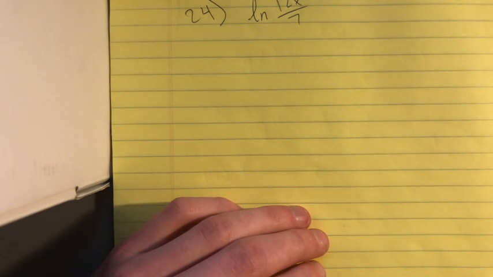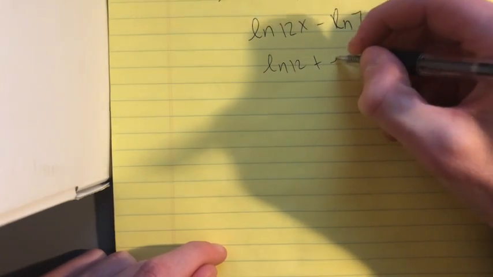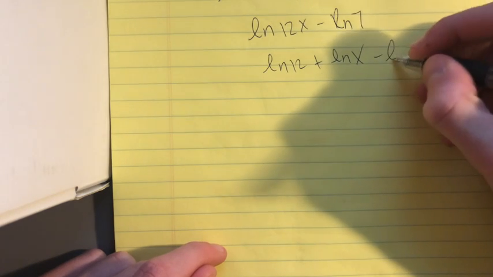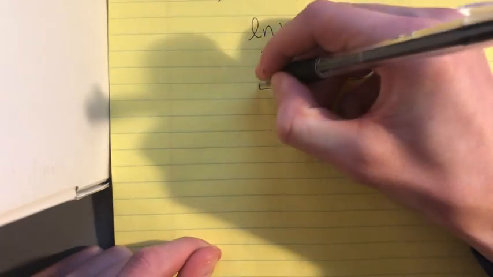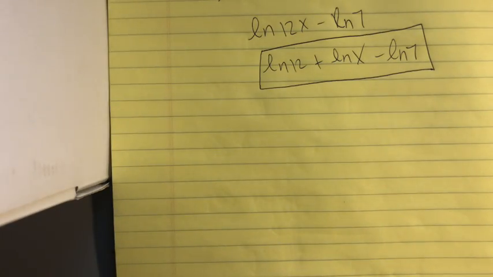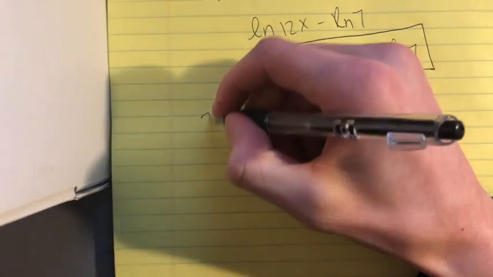We kind of just break it back out. So for this one, we're going to do ln 12x minus ln 7, and then it's ln 12 plus ln x minus ln 7. That's your final answer for expanding that.